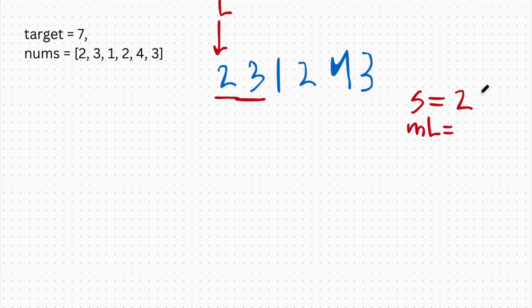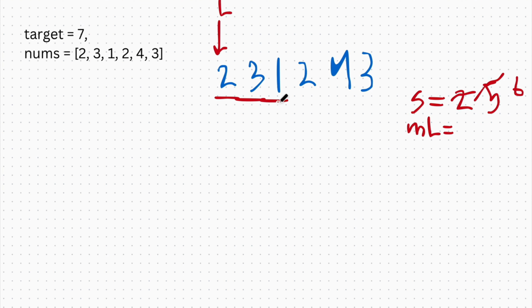So now the sum is 5, 2 and 3 equal 5. 5 is still less than 7, so let's expand our window again. 2, 3, 1, we have 6, and 6 is still less than 7.